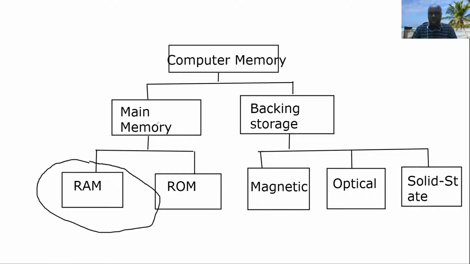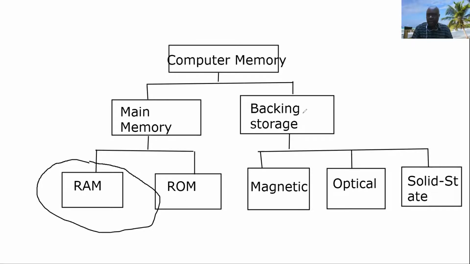So on any PC or computing device, the main memory tends to be very small compared to the backing storage. The backing storage uses cheaper technology, and so it is suitable for mass storage of data and software which is not in use, of course, but they are very slow.